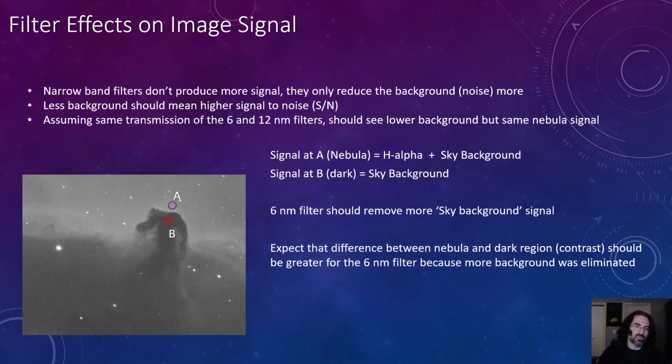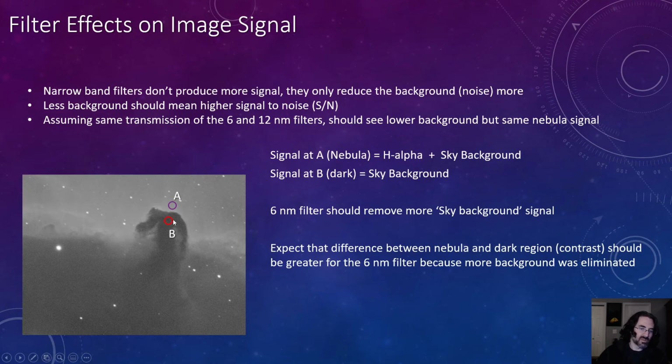So what should we be seeing out of image signal? Narrowbands don't produce more signal, they only reduce the background noise. So assuming that you have the same transmission for the 6 and 12 nanometer filters, you should see lower background but the same nebula signal. If we were to look at a point here, A, in the nebula, you're getting signal from the H-alpha emissions of the nebula plus whatever sky background.